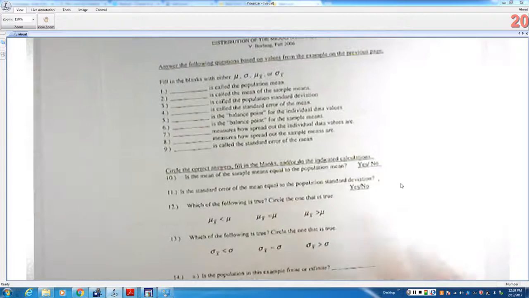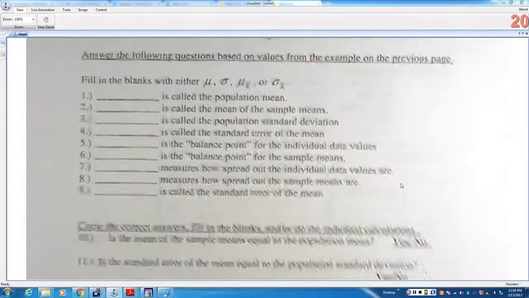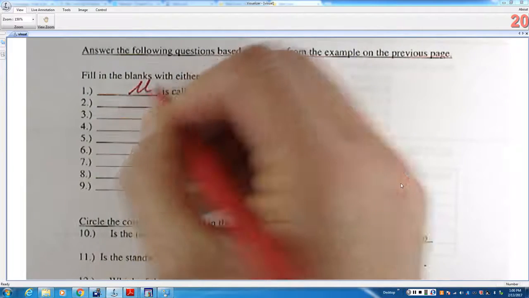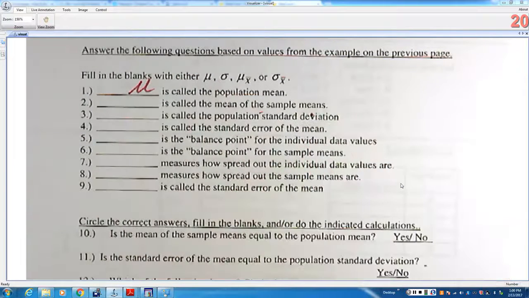Let's look at this right here. What is called a population mean? Which one of those symbols is the population mean? The mu, that's correct. Which one is called the mean of the sampling mean, based on what I just told you?